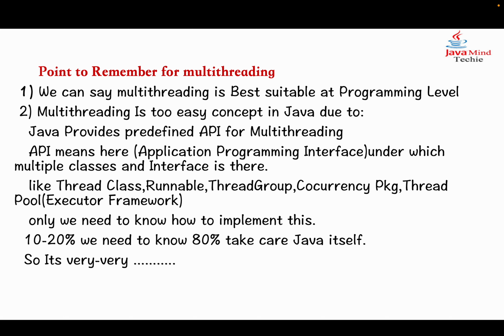I will explain this in a coming video too. That's why multi-threading becomes very easy: only 10 to 20% of things we implement ourselves, and 80% is taken care of by Java, because they have already given different implementations we need for the multi-threading concept.